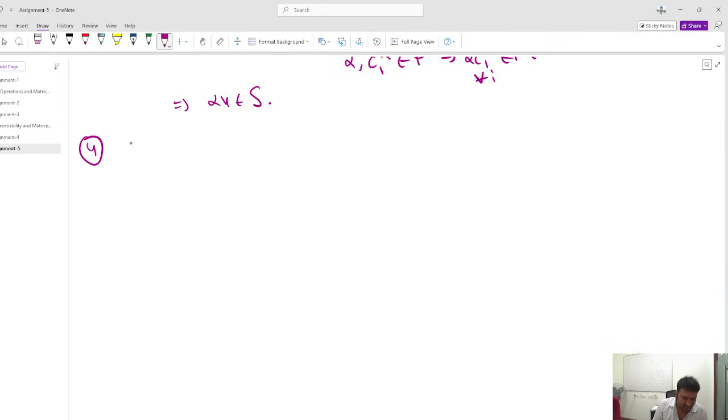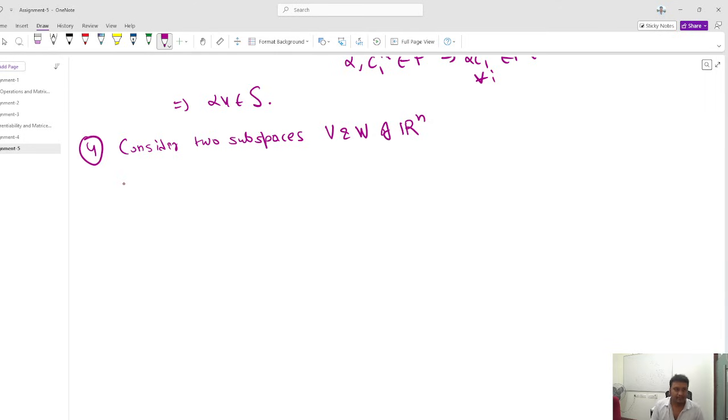So you have to consider two subspaces V and W of Rn. You are asked: is the intersection necessarily a subspace? Is the union necessarily a subspace?